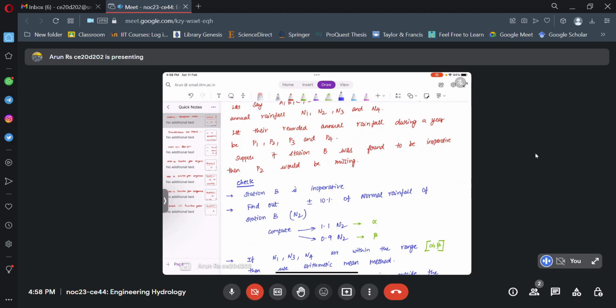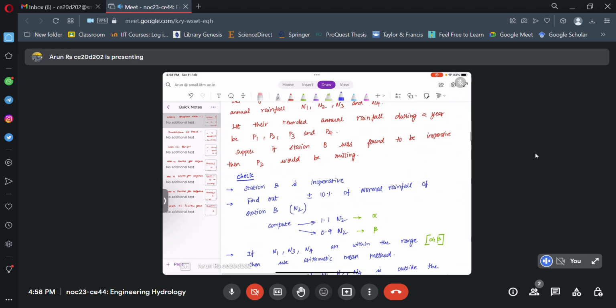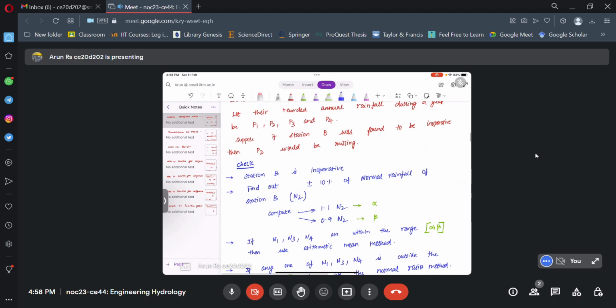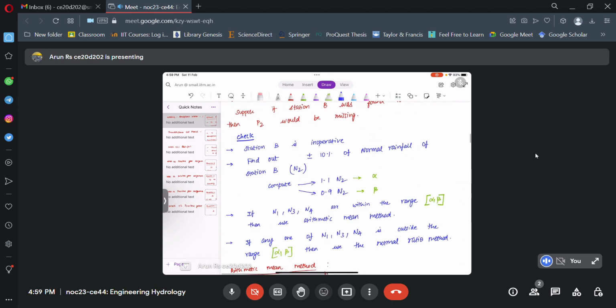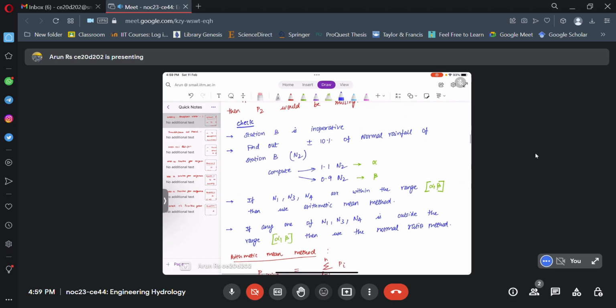Because of some operational issues, one of the stations, B, was not recording the rainfall. So we don't know what the precipitation P2 is. Now we need to find out this precipitation P2.